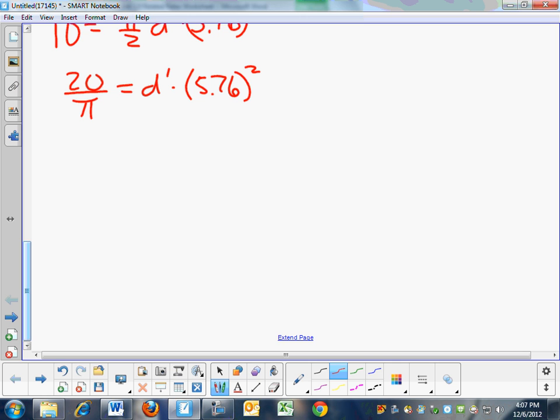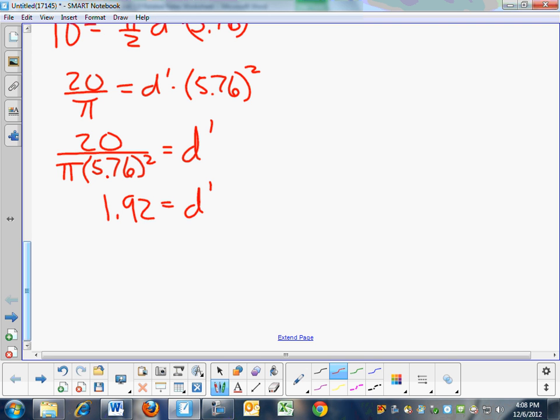Divide both sides by 5.76 squared. 20 over pi times 5.76 squared equals d prime. If you carry that out on your calculator, we end up with 1.92. 1.92 is equal to d prime.